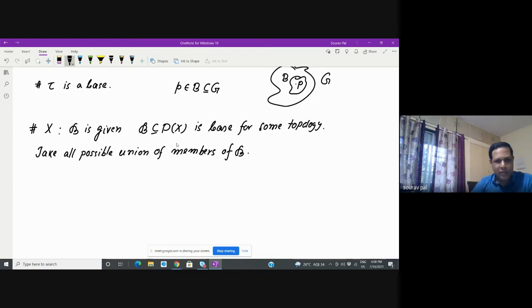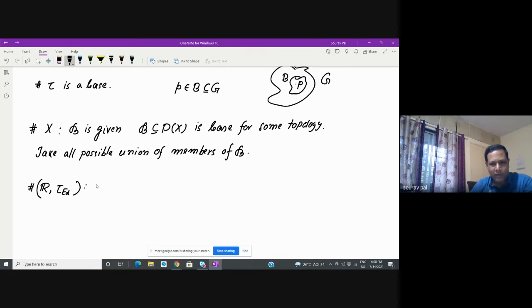If we look at the real line with Euclidean topology, what can you say about its base?